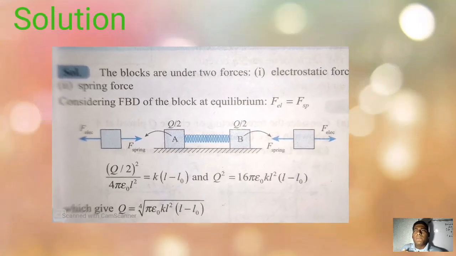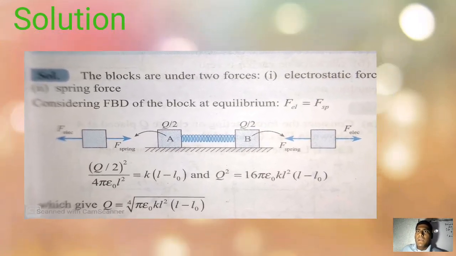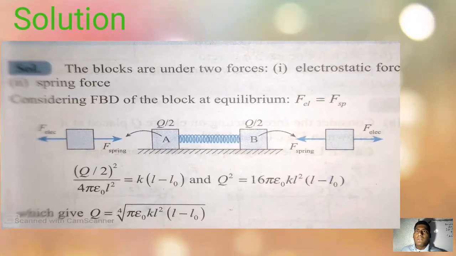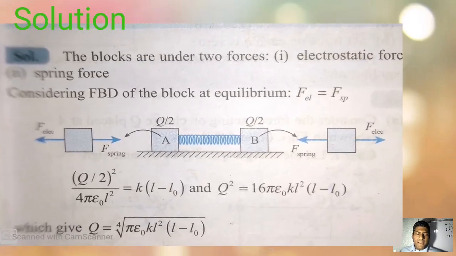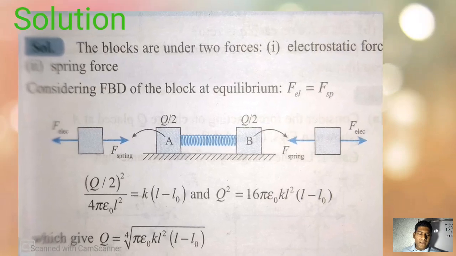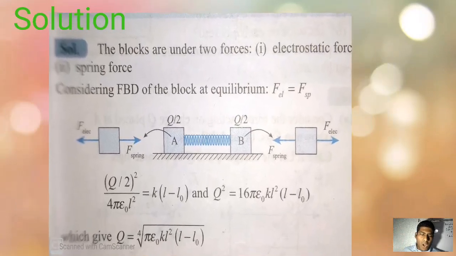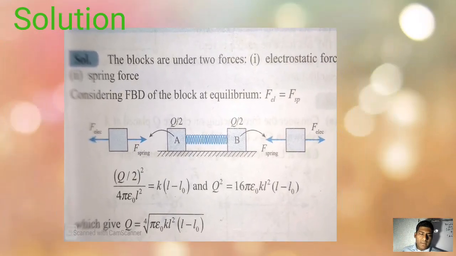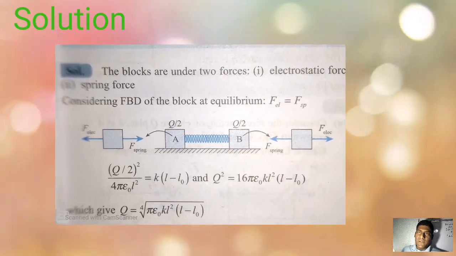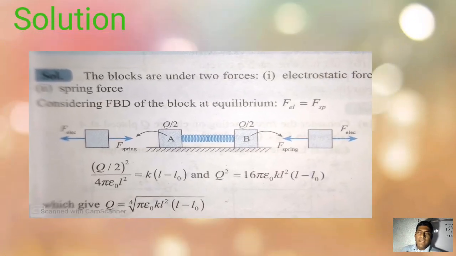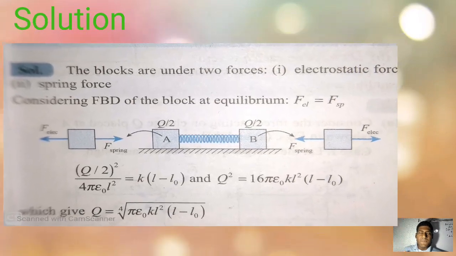The free body diagram of the problem is depicted in the figure. Now carefully observe this free body diagram. In the left side there is a block, and in that block there are two forces acting: one is the electrostatic force F_EL and another is the spring force.